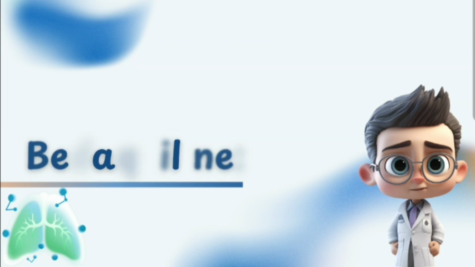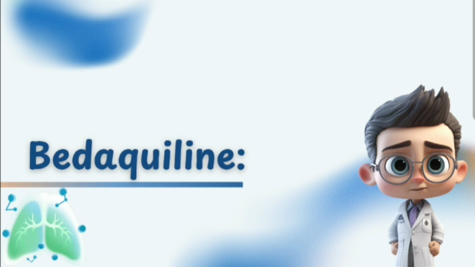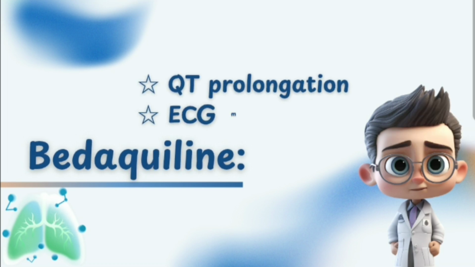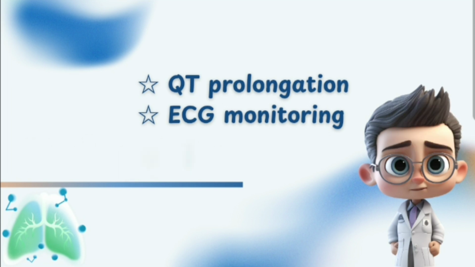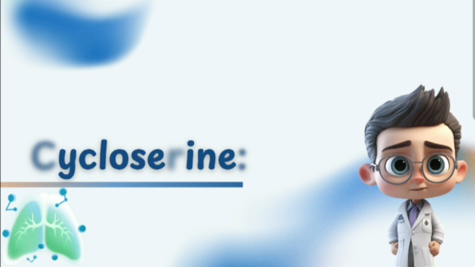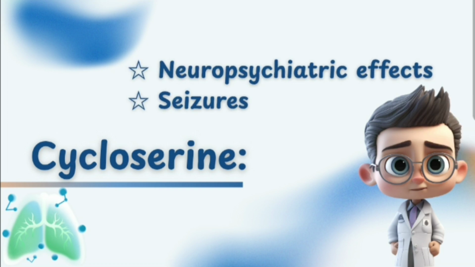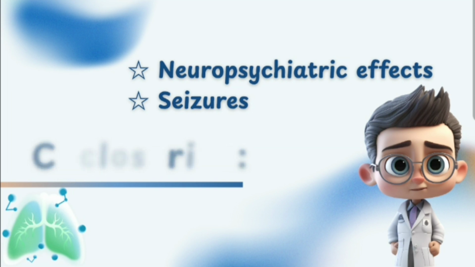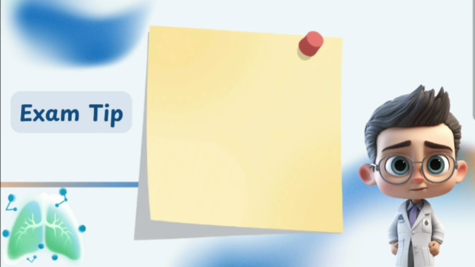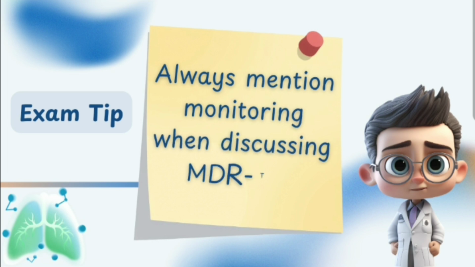The common side effect of bedaquiline is QT prolongation, so ECG monitoring is required. And for cycloserine, the important side effects are neuropsychiatric effects and seizures. Another exam tip: always mention monitoring when discussing MDR-TB drugs.